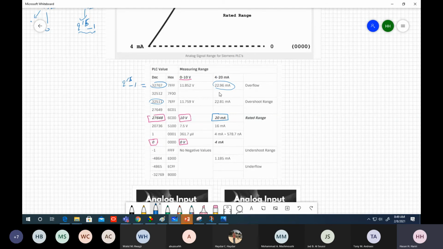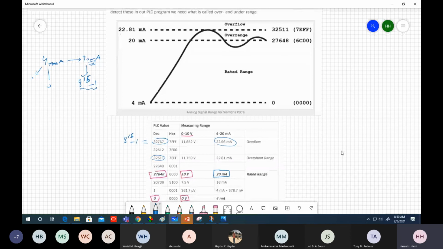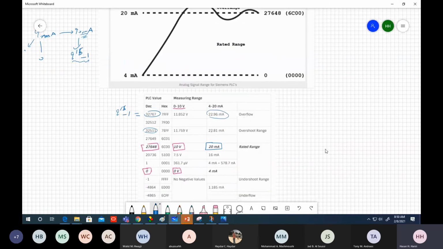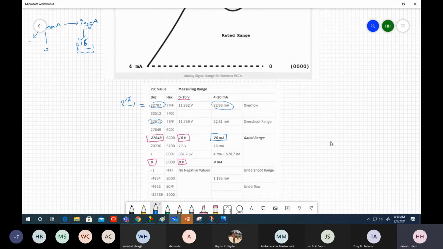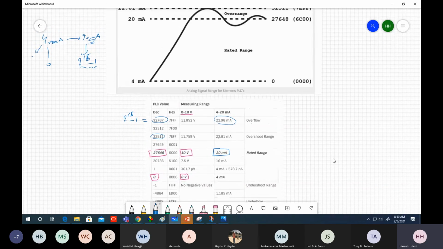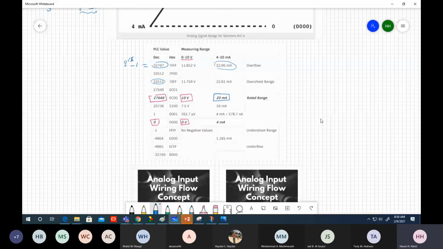So they give some range for overflow. Assuming you are controlling your signal and it overshoots, they give some bits, and your controller, your process, doesn't go crazy because it can read overflow or underflow as well.